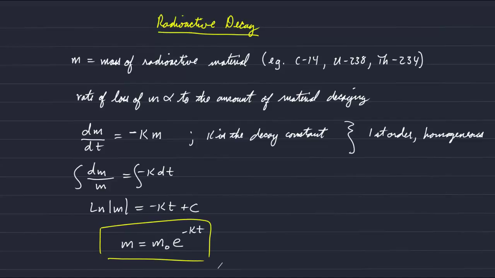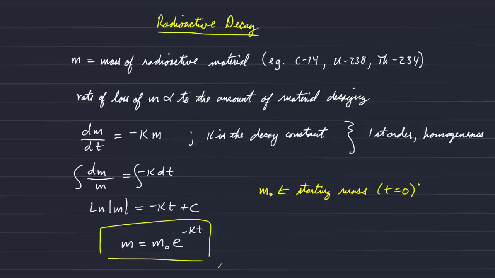So m naught is the starting mass. That's our initial condition on mass, that is at t equal to 0, whenever that may be.